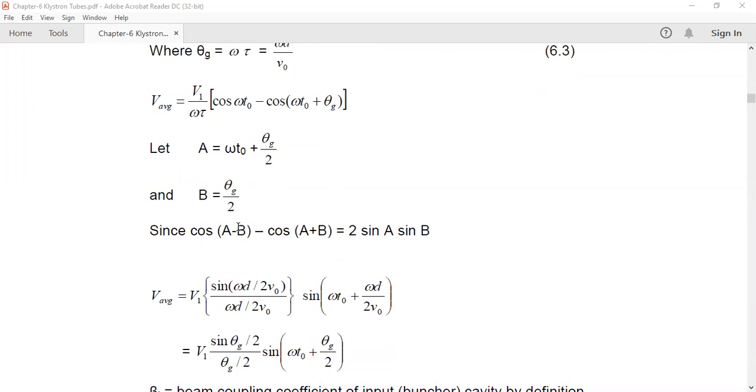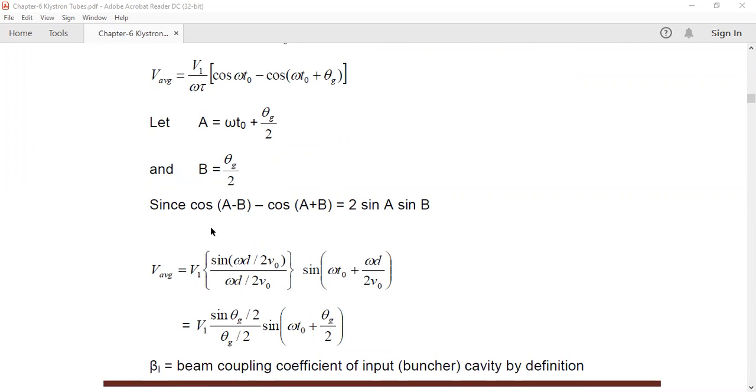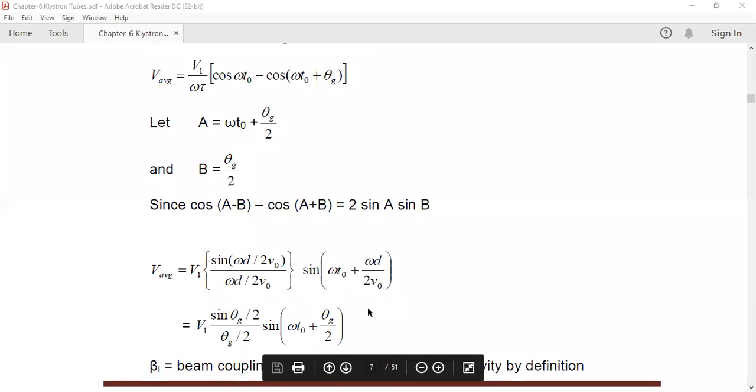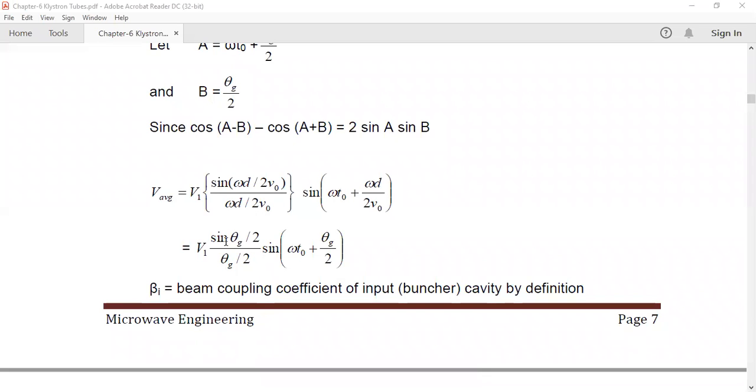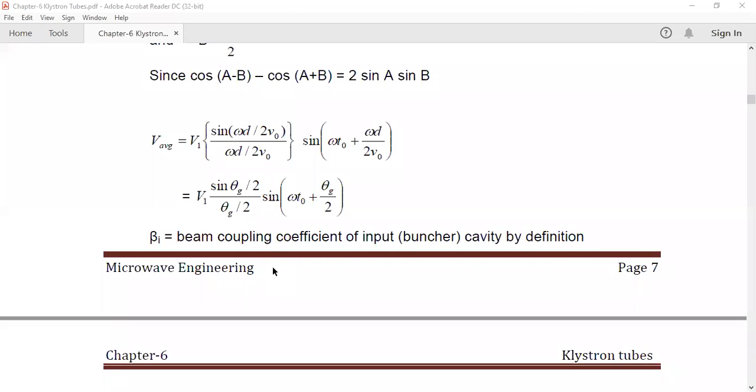Please go through this. Then you can write this is V1 sine of omega d by 2 V naught by omega d by 2 V naught, sine of omega t naught plus omega d by 2 V naught. Now this you can write V1 sine theta g, so omega d by V naught is nothing but theta g. So sine theta g by 2 by theta g by 2, sine of omega t naught plus theta g by 2.